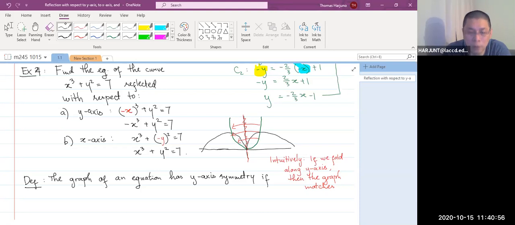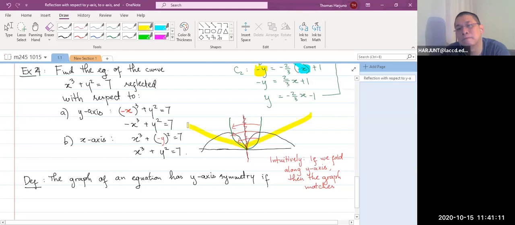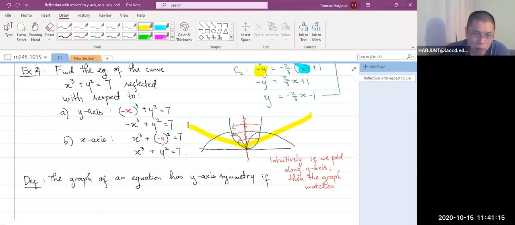To go even further, if we can tell the equation has y-axis symmetry, then we can just graph one side, and copy paste that to the other side. In other words, if you already have the graph, it doesn't matter whether you have y-axis symmetry or not, right? You already have the big picture.